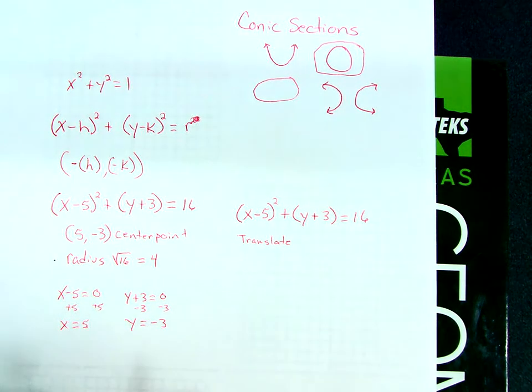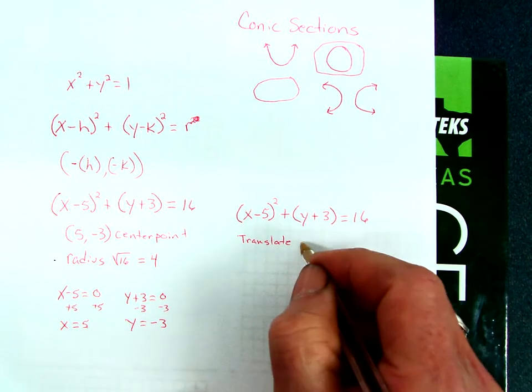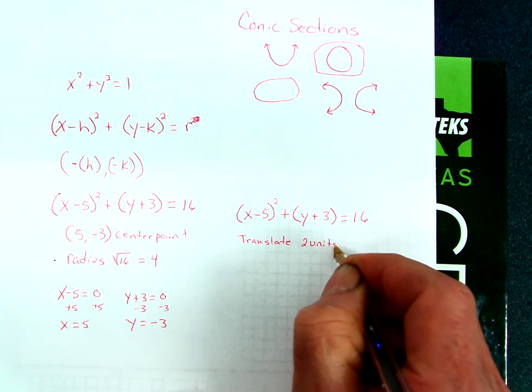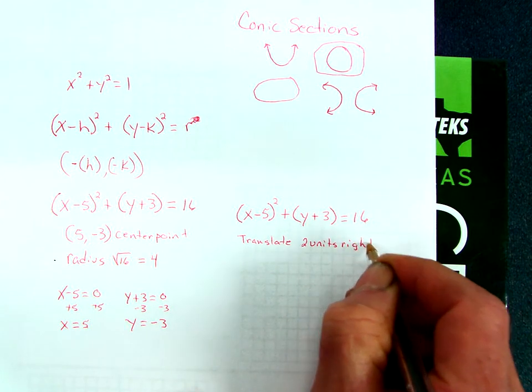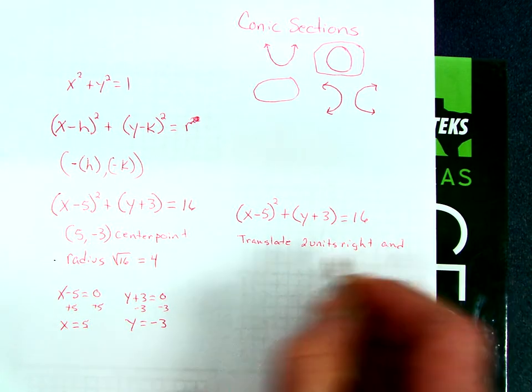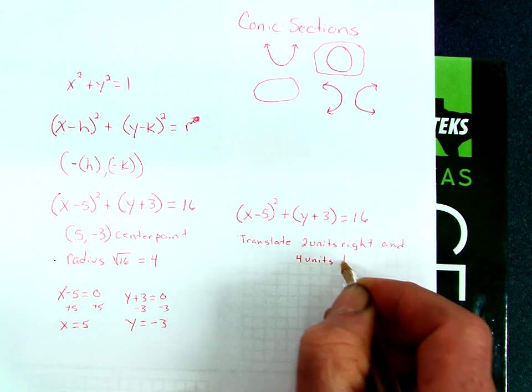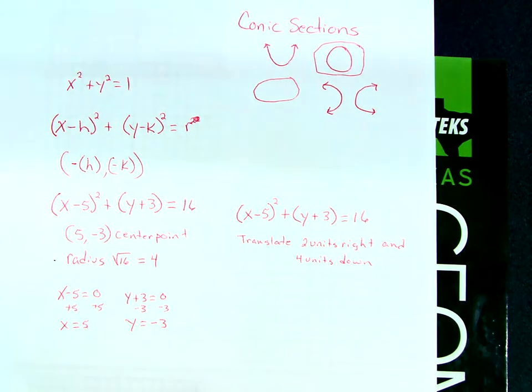Translate just means move 2 units right and 4 units down. Move it 2 units right, 4 units down.